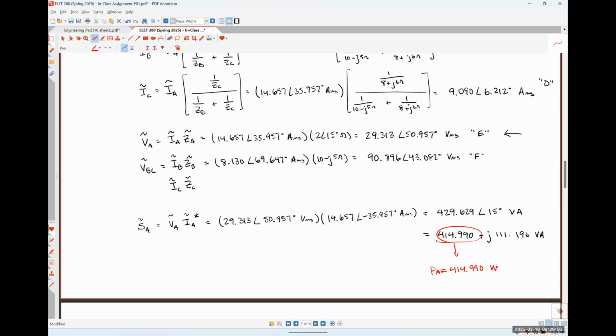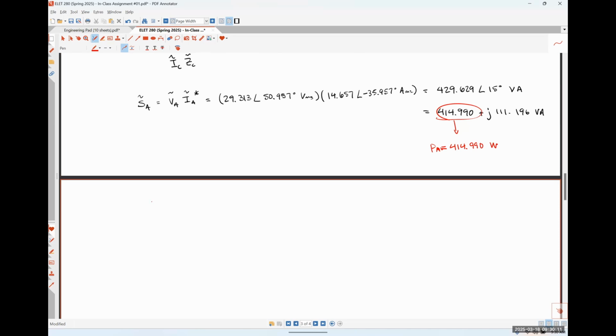All right, so let's move on to finding the complex power for impedance ZB. So how are we going to do that? Exact same way we did it for ZA. Okay. So we could say that SB was equal to VBC times IB conjugate.